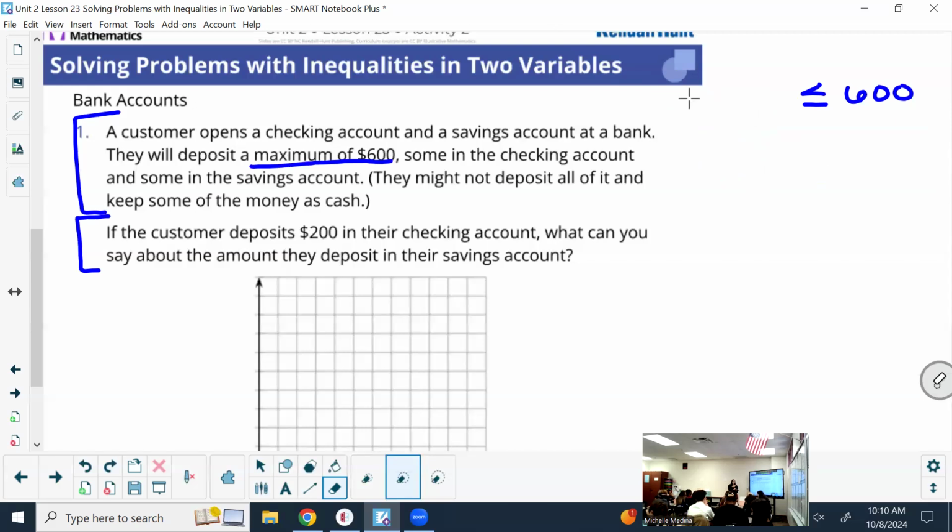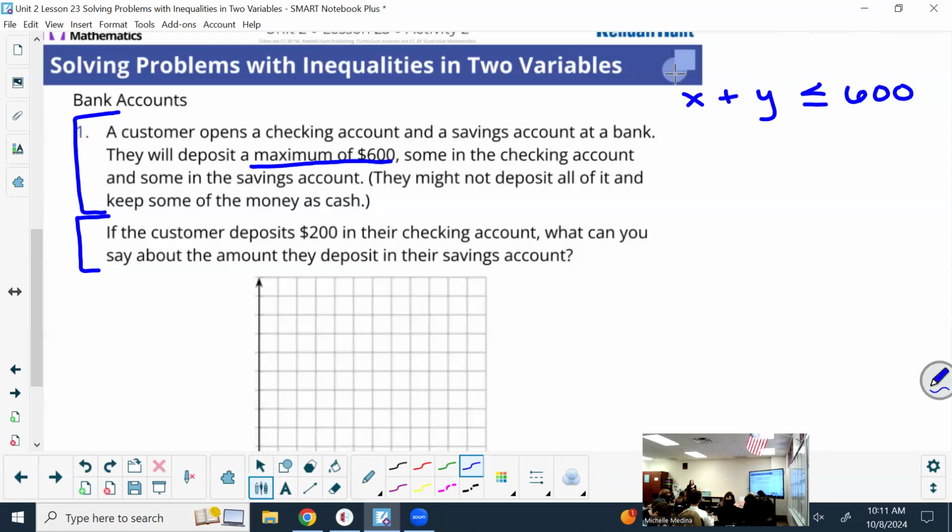I want to use two different ones, maybe X and Y. If you did S and C, that's fine. You can pick whatever variables you want, but then we need to define it. What math should we do with the X and the Y? Because combined, they cannot exceed the 600.